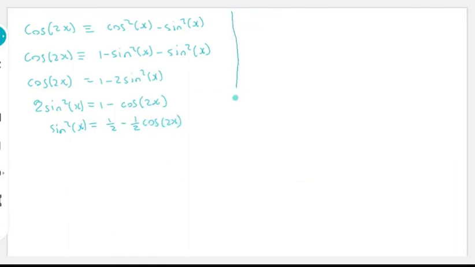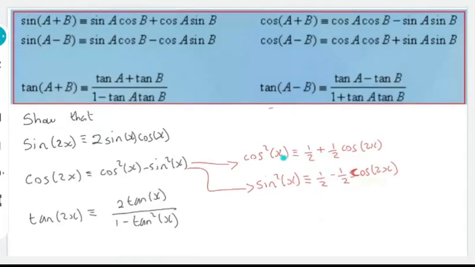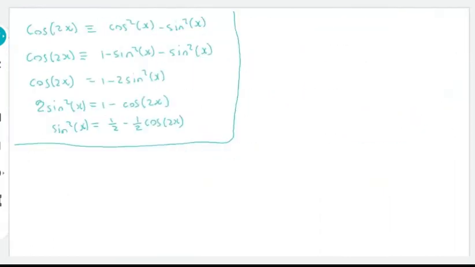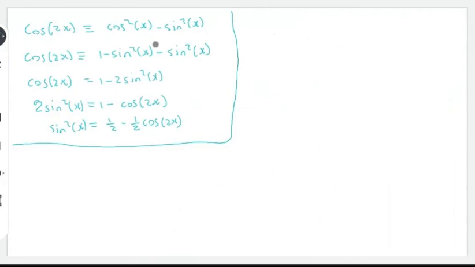So that's one of the identities that we were asked to prove, which I wrote in red over here. And the other one, that cos squared x is a half plus a half cos 2x, is the same kind of thing, except we're going to replace sine squared x with 1 minus cos squared x this time. So cos 2x is cos squared x, and rather than writing minus sine squared x, I'm going to put minus 1 minus cos squared x.